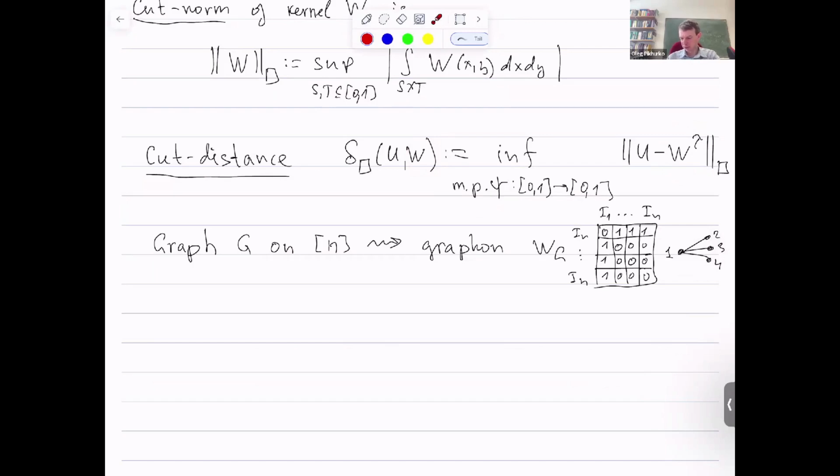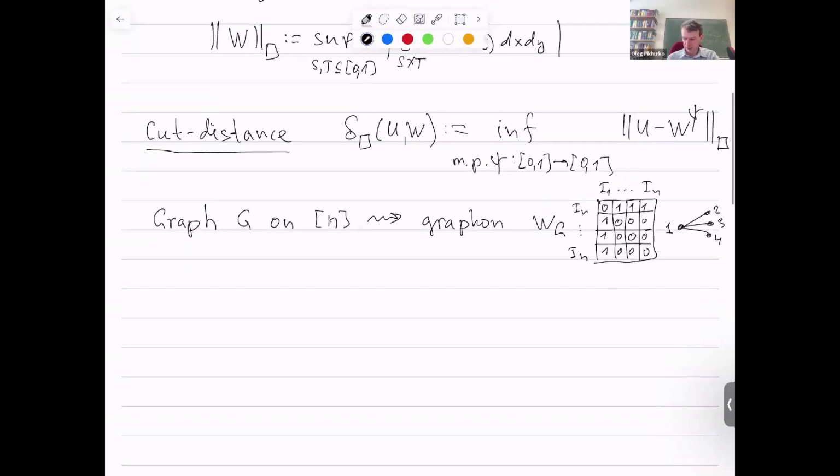You just relabel the inputs x and y using this psi. It's easy to check it doesn't change any F densities. It's called a pullback, so W and W psi are equivalent. To define cut distance, we are allowed to replace one of the graphons by an isomorphic copy.